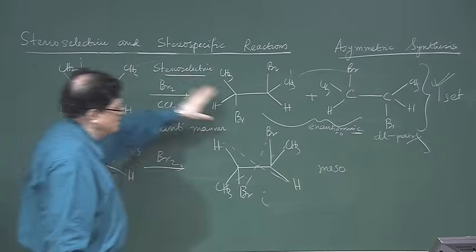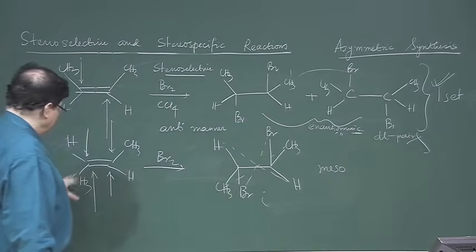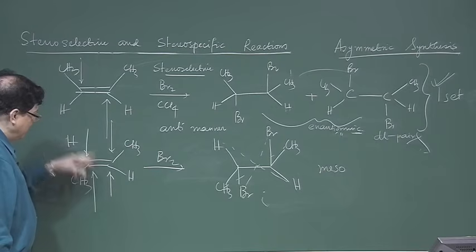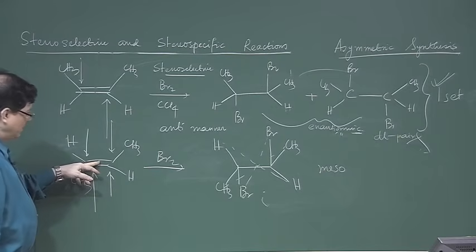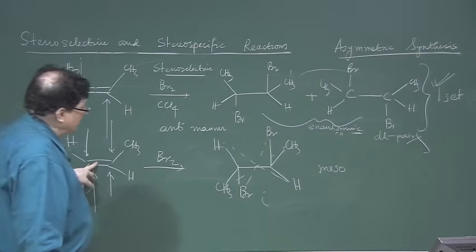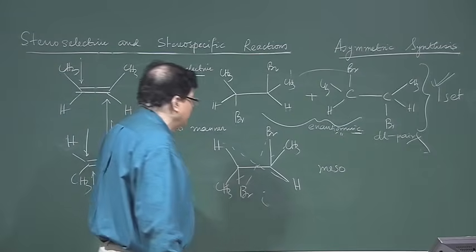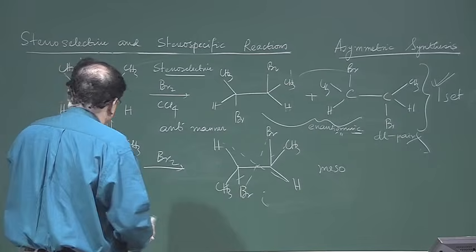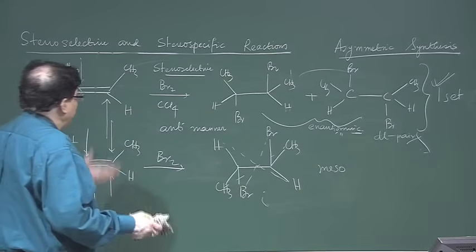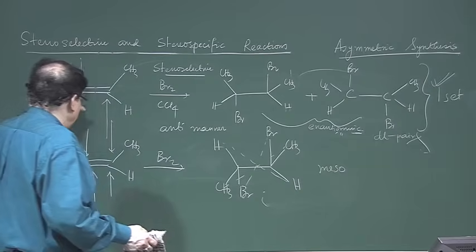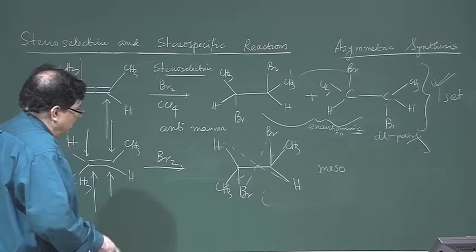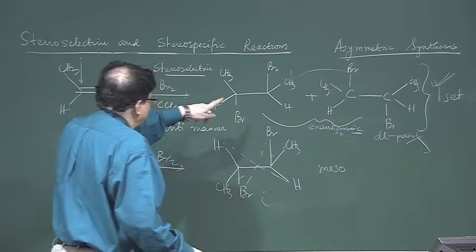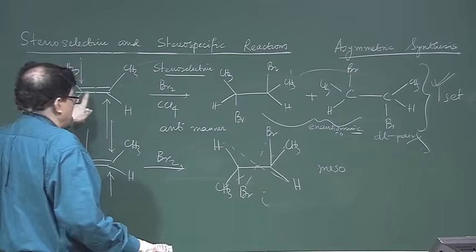That is why you get an enantiomeric pair. Here i is already present and bromines are adding in a centrosymmetric fashion, so the i will be retained, and you get the meso compound. So, both the individual reactions are stereoselective, and overall the reaction, bromine addition to alkene, is stereospecific also, because the product geometry depends on the geometry of the starting material.